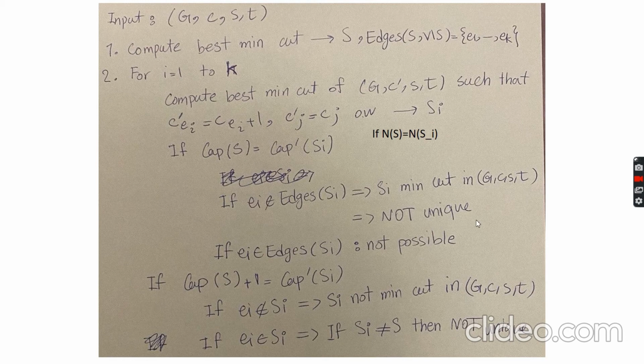And these are just comparisons here. Let's say computing the capacity would take O of E time, linear time in the number of edges. And again, this is just a constant time check. This case can happen. Again, this is a linear time computation of these capacities. And again, this is constant time.